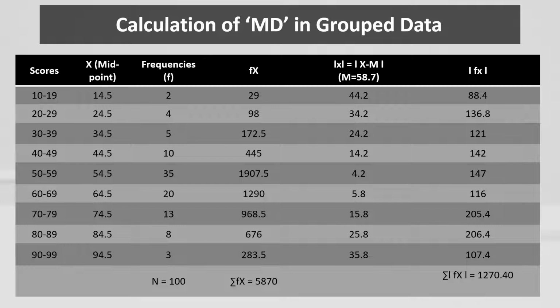Deviation is x, that is x minus m, where x is the individual score and m is the mean. Let the individual score be 30 and mean 14. So 30 minus 14 is equal to 16. Then if the individual score is 22 and the mean is 14, 22 minus 14 is 8.